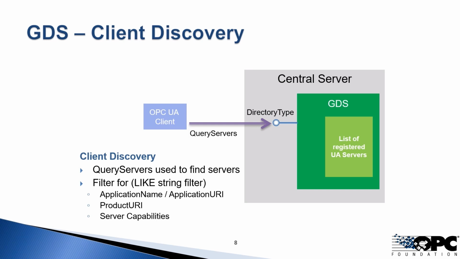So to use the central discovery server, the UA client has to be written specifically to do so. And again, this is where the ability to use these centralized components becomes important, not just for people that write the centralized components, but for every OPC UA application developer, so that they understand where these services are and why they would want to use them.